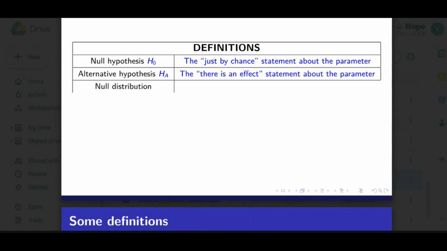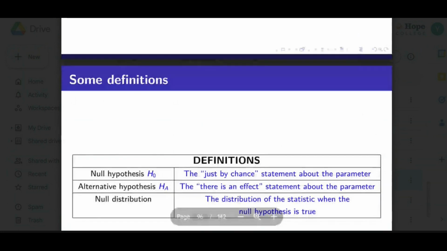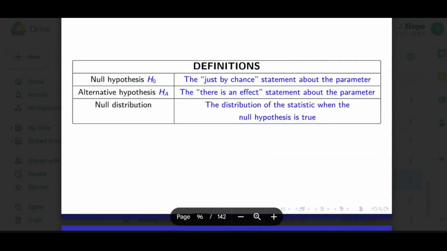All right. What's the null distribution? Now this one's not new, but of course you've not seen this word before. This is that picture of dots that you've seen so many times. That plot has a name. Those dots are the distribution of the statistic when the null hypothesis is true. That is why it's called the null distribution. Remember, when you generate that picture, you assume something is true. You assume that you are guessing.